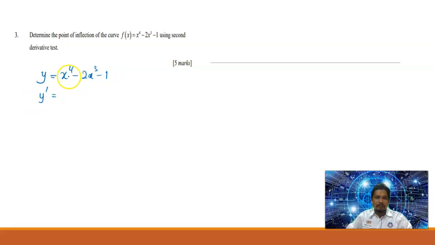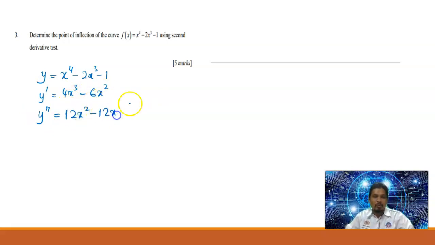Differentiate for the first time, 4x cubed minus 3 times 2 equal to 6x squared. Then y double prime equal to 3 times 4 equal to 12x squared, and 2 times 6 equal to 12x.